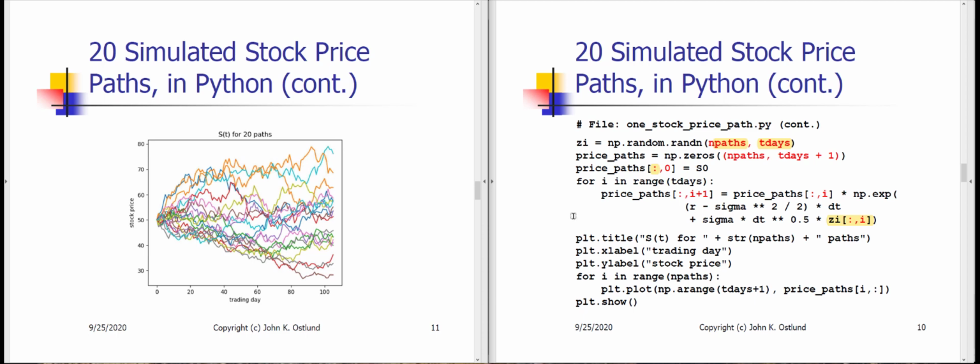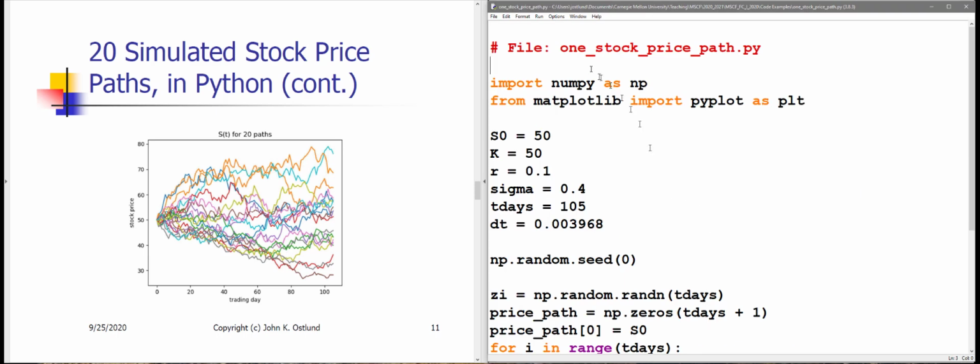Let me just run these things interactively so that we can see what's going on. I've actually got this code available in program files that you can look at. So here is the code for just creating one stock price path.